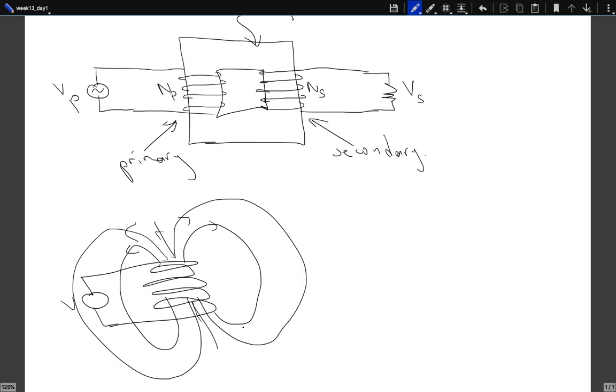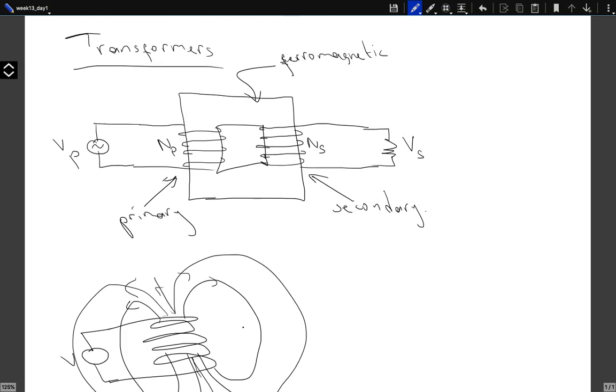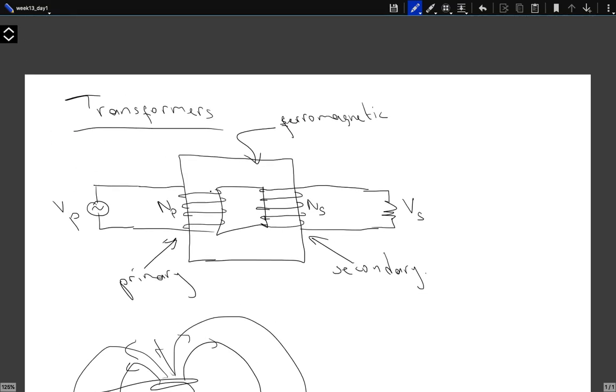But what this core does, it traps these magnetic field lines, so they don't spread out. They start from the primary coil, they are trapped in the iron core, and those magnetic field lines pass through the secondary coil.